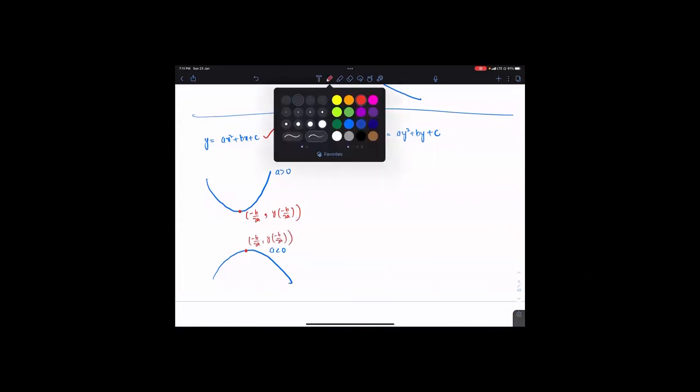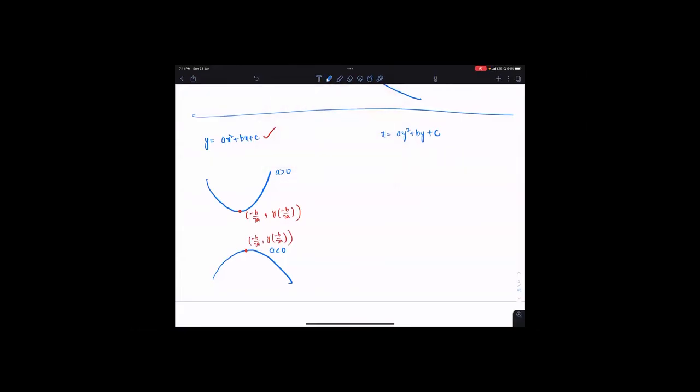Next, when it comes to an equation of this form, it will open to the right side if a is positive, exactly like opening up and down. If a is positive, opening upwards; here, opening right side. When a is negative, opening left side.